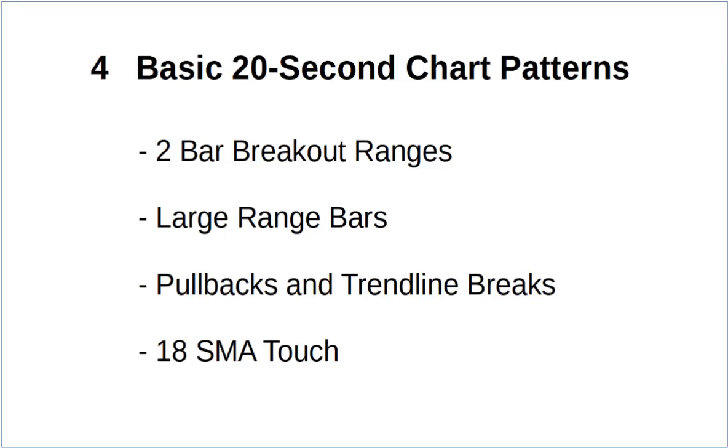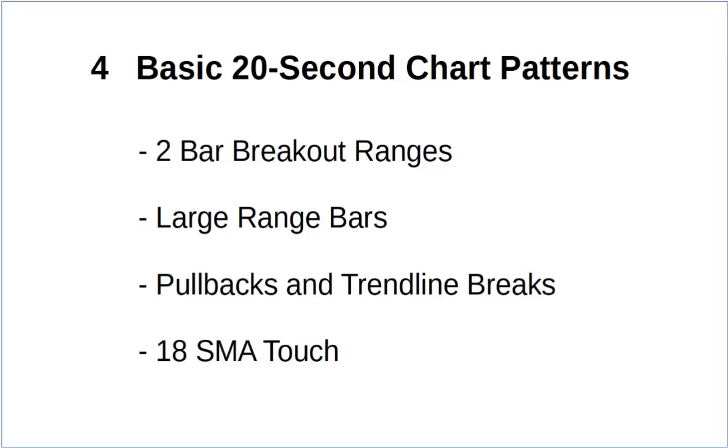So basically our tried and true method when we're playing an initial breakout is to look for a 2-bar breakout range on a 20-second chart, which I'll show you an example of in a minute. We can play off large range bars. We can play pullbacks, like I said, to the edges of the ranges, and we can play trend line breaks.